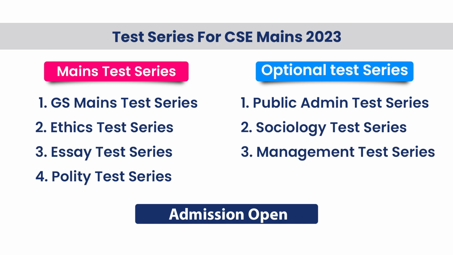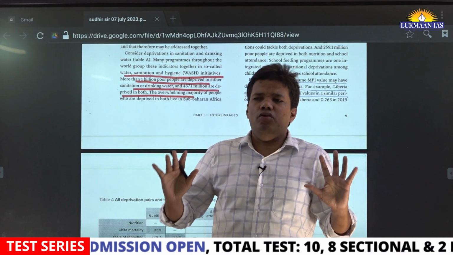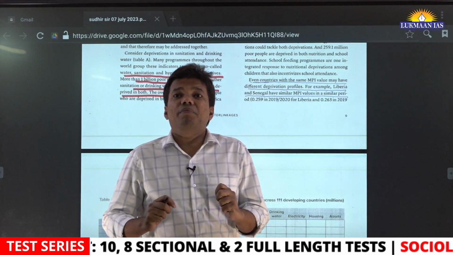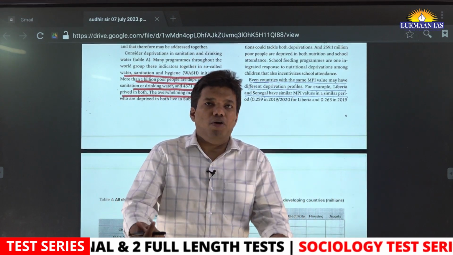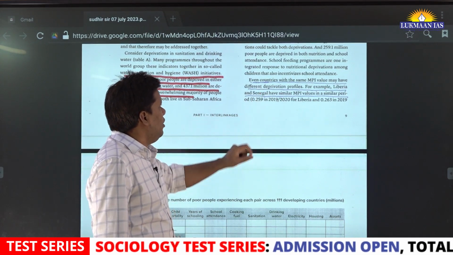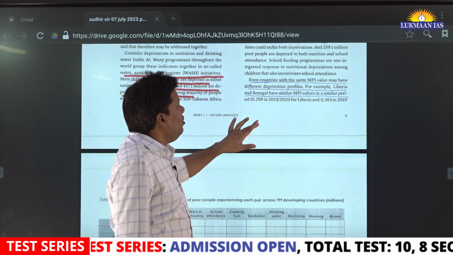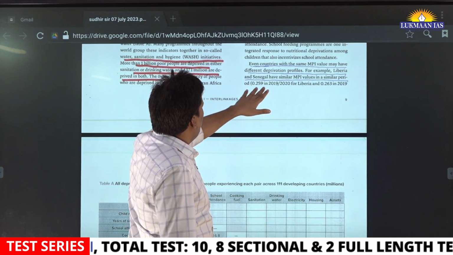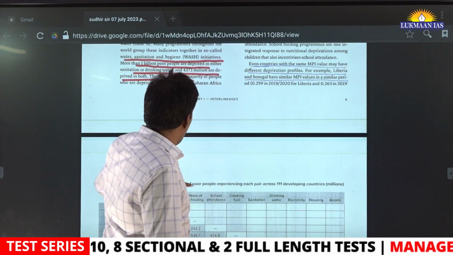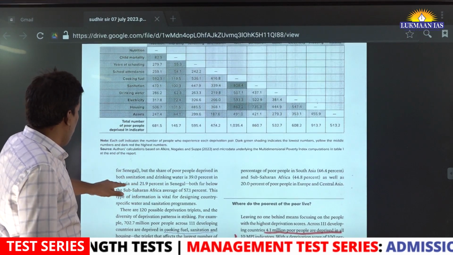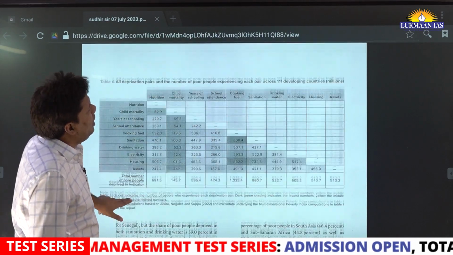Now see, one more point you can mention. Let's say there are 2 countries. In their poverty headcount ratio, maybe it is equal, but you might need different types of policies. For instance, they mentioned the case of Liberia and Senegal. Both have an almost equal MPI score. Let's say they mentioned the MPI score for Liberia was 0.263, and for Senegal also there is some number.